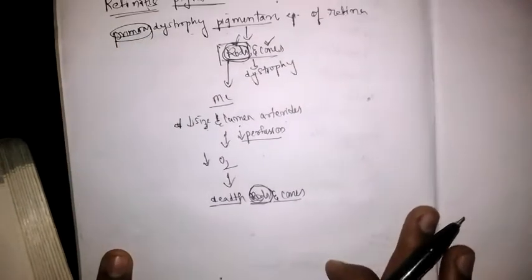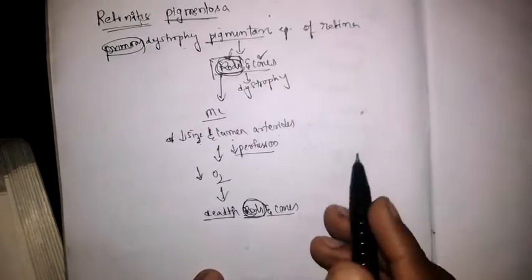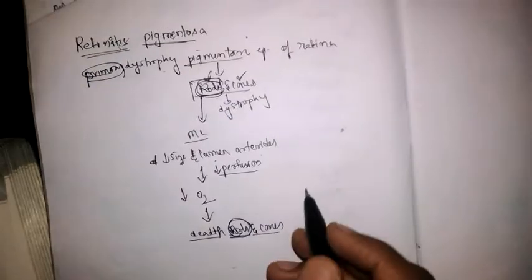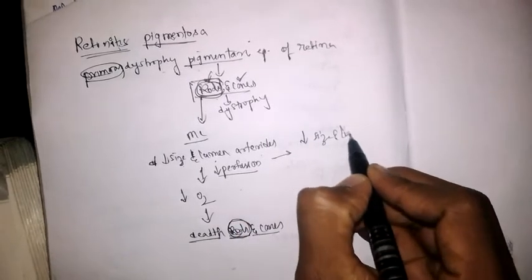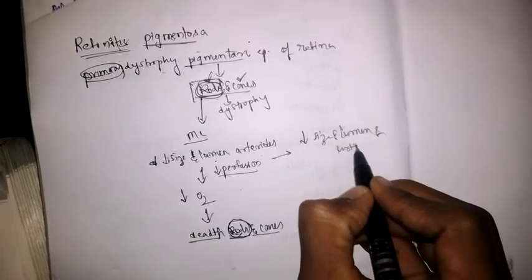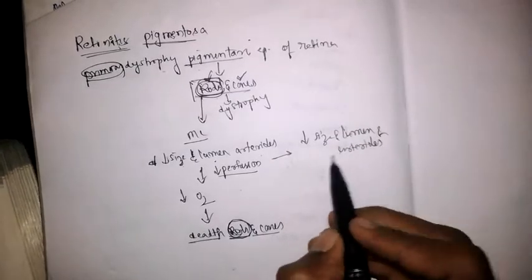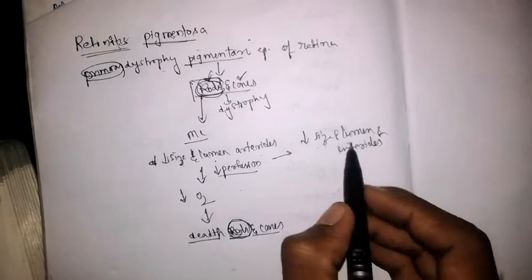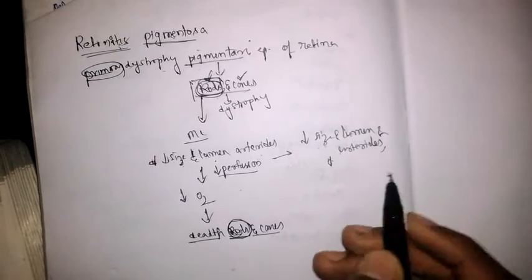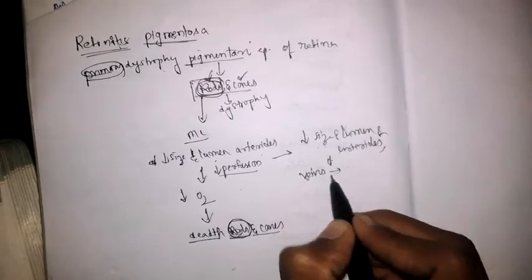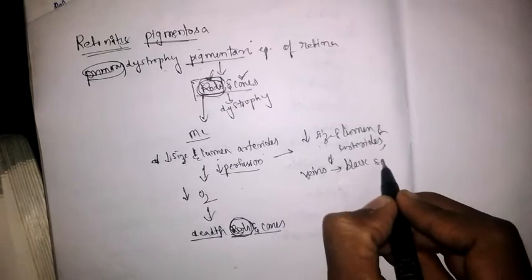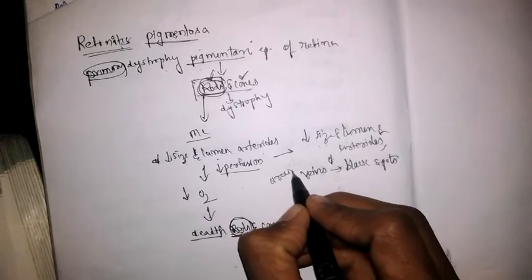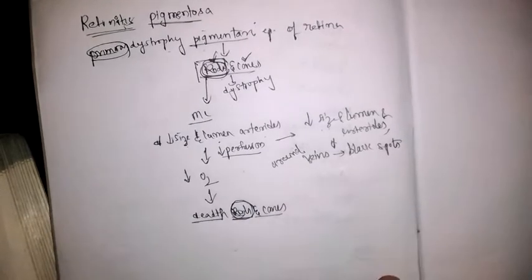If you see these changes on fundus examination, what you see is decreased size and lumen of arterioles, and around the veins you see some black spots.